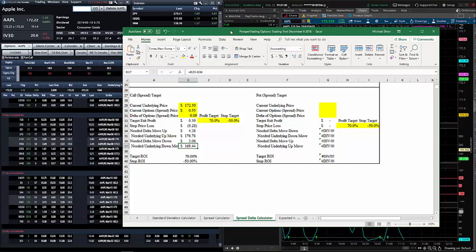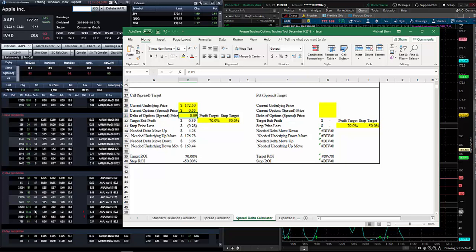What about the delta of the spread? I don't understand, Eloise. The question was, what about the delta of the spread, the 9? I don't understand how I got what the delta of the spread is. The delta of the spread is right here.